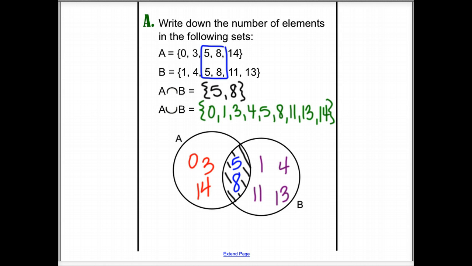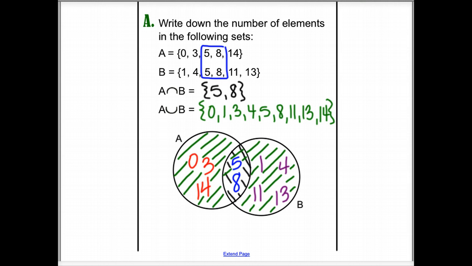If you notice, it is everything that is encompassed within A, within B, as well as in both, as the definition states.